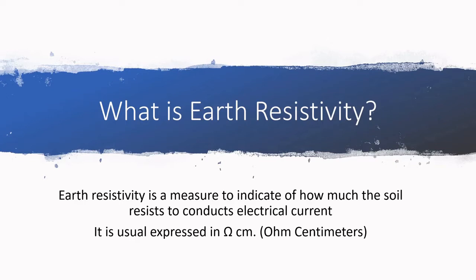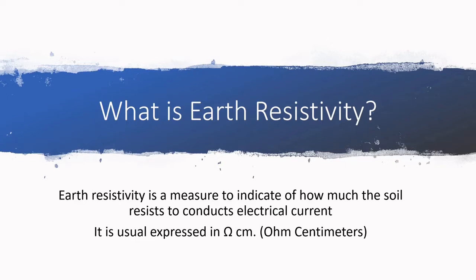So when you have a ground return in your circuit, we need to know the resistance value of the ground. So that is required to calculate our earth fault loop current or the maximum earth fault current. So this earth resistivity is usually expressed in ohm centimeters.